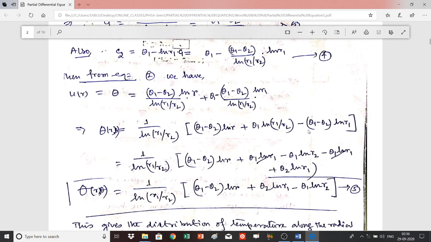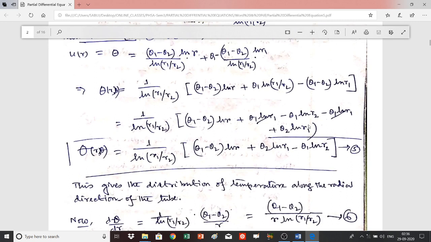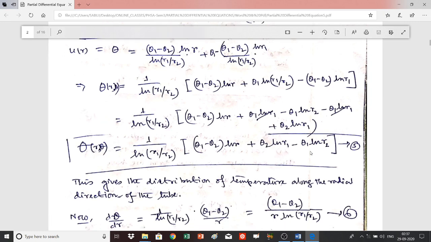After simplification, this is written in two parts, theta 1 log R1 minus theta 1 log R2, and that is just decomposed here. So after some simplification, you finally get theta as a function of R, equal to 1 by log R1 by R2, times theta 1 minus theta 2 log R plus theta 2 log R1 minus theta 1 log R2. This is equation number 5.